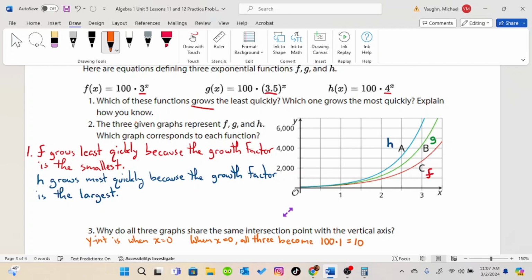And that equals 100. Because anything to the power of 0 is 1, and anything times 1 is itself. So all three functions become 100 when x equals 0.